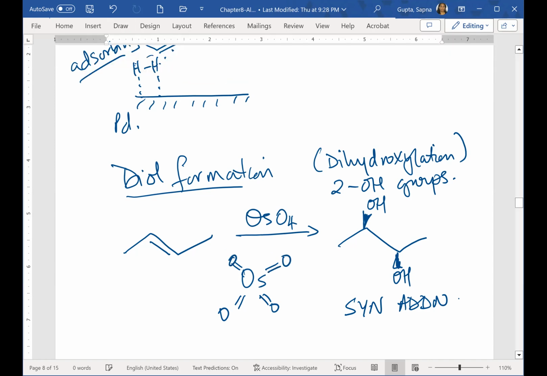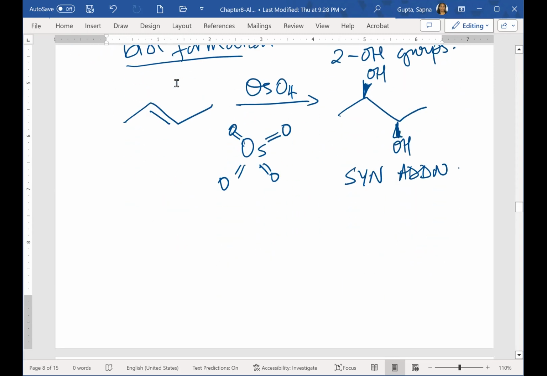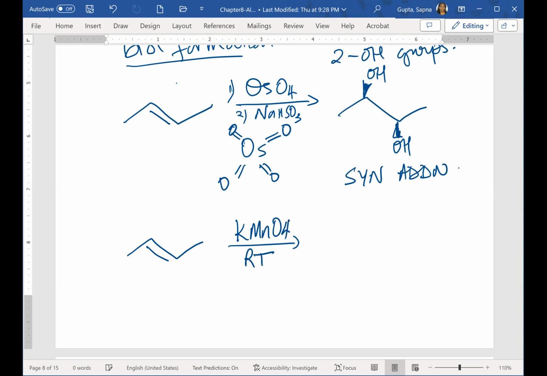So that's one thing. And I think the workup reagent here is usually like sodium hydrogen bisulfite or sodium hydrogen sulfide, NaHSO3. But if it is not, don't worry about it. It's okay. It's not a big deal. You can also take an alkene, treat that with KMnO4 at RT. RT means room temperature.